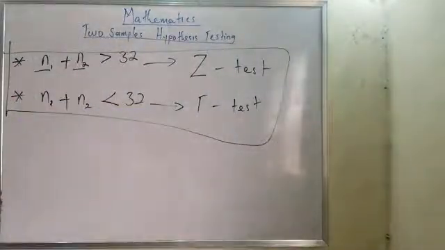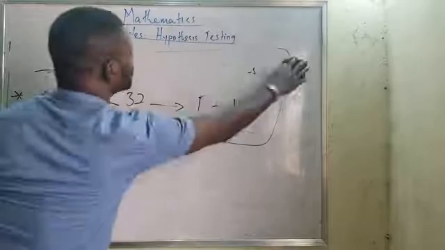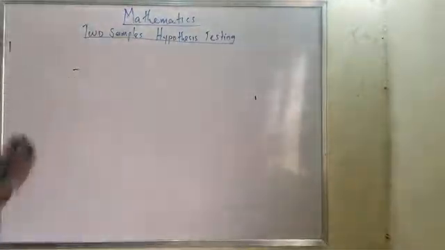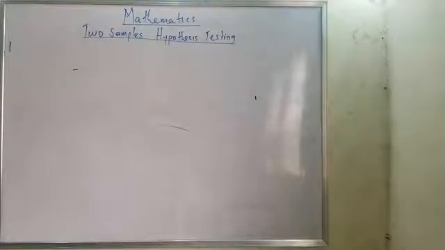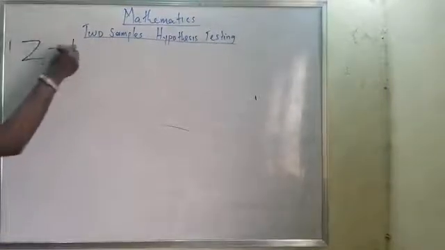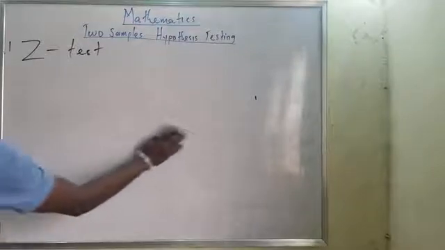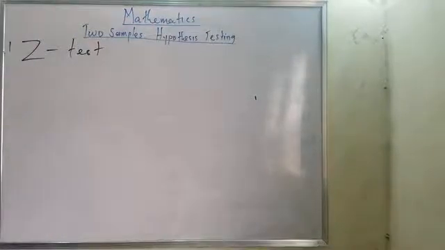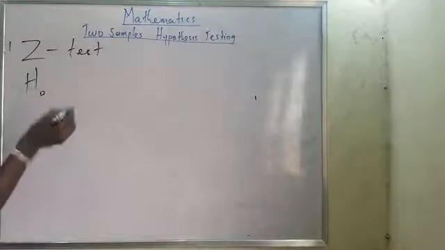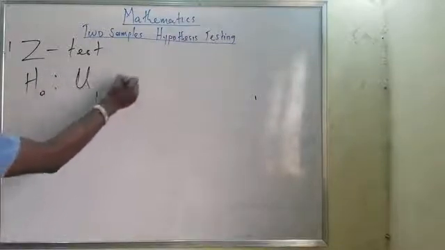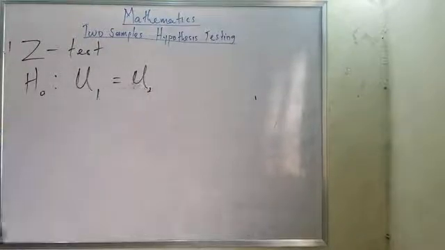Now, before I move further, let me put Z-test there, so my brain will be on the Z-test. Let me quickly explain what H0 and H1 are. H0 is that mu 1 equals mu 2.